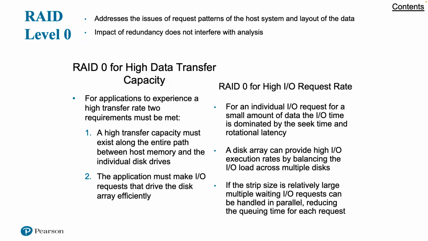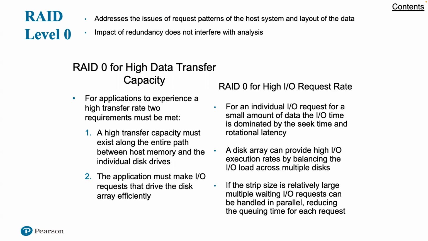For applications to experience a high transfer rate, two requirements must be met. First, a high transfer capacity must exist along the entire path between the host memory and the individual disk drives. This includes internal controller buses, host system I/O buses, I/O adapters, and host memory buses.